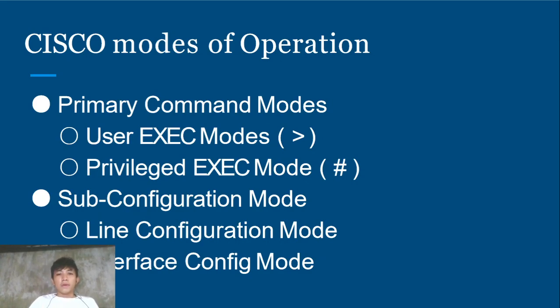In sub-configuration modes, we have line configuration mode and interface configuration mode. Line configuration mode is about line console 0, the command line, and interfaces to a network, IP address, like that.